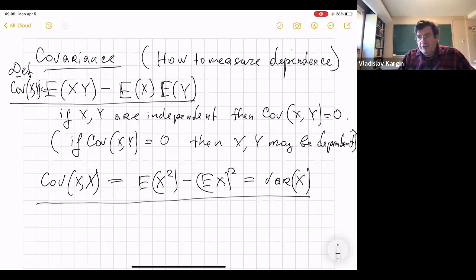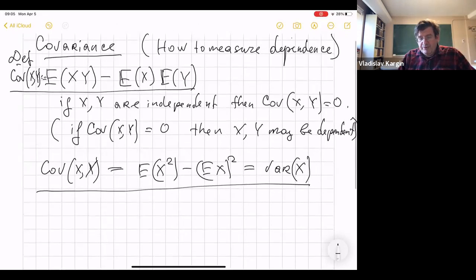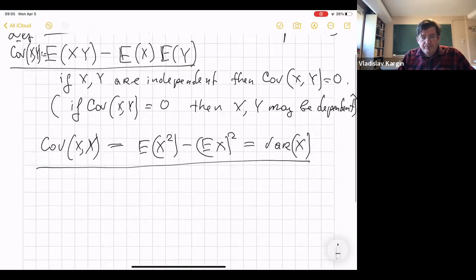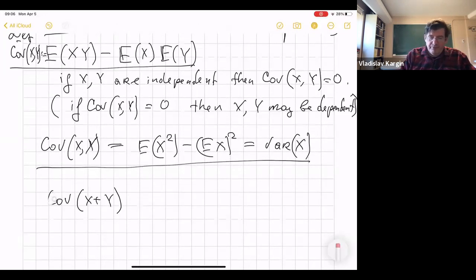Now, what other nice properties does this thing have? Suppose that we look at the covariance of a sum of two random variables.